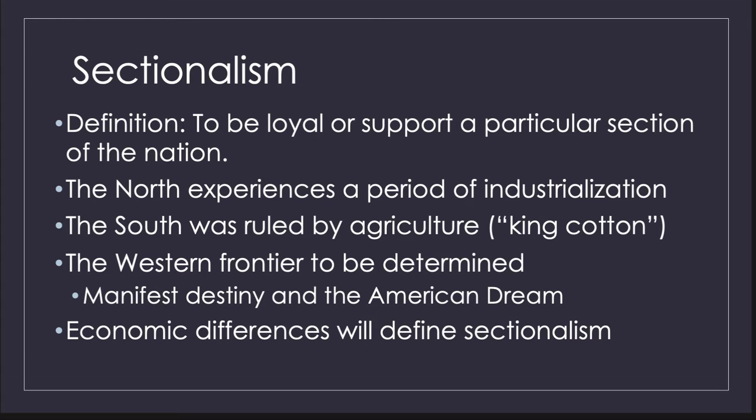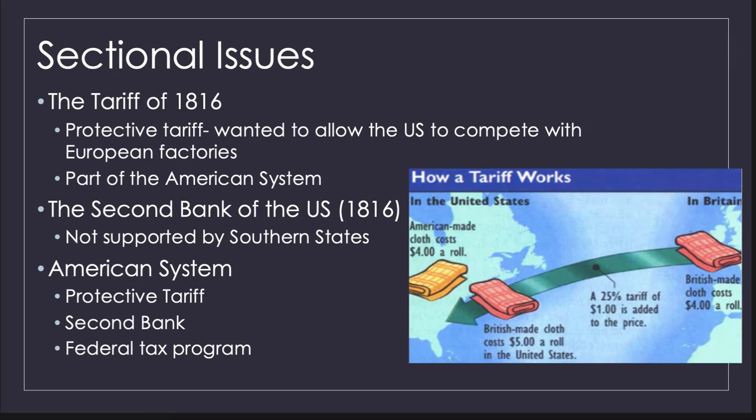People go out there with the intent of owning land, building their own wealth, and kind of doing it on their own, which is the American dream. So the West, while we don't really have a set economy there, it is housed by the American dream. These economic differences are going to define sectionalism. That's what breaks us into these three different sections and really causes people to have pride in their section.